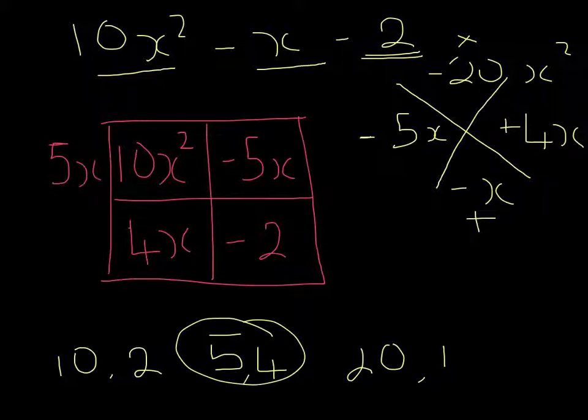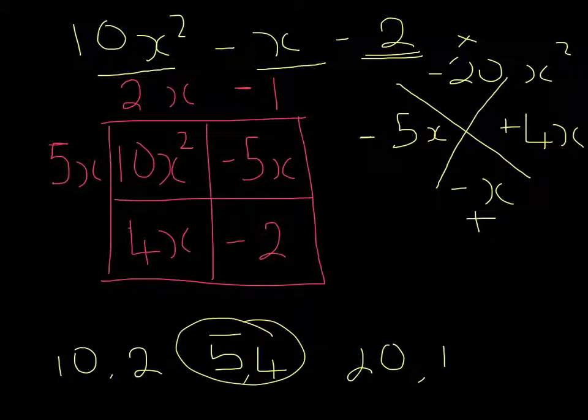So thinking ahead a little bit, if that is 5x, I'm going to be able to multiply it by something to get minus 5x. So if this is 5x, then this will need to be 2x, and that looks like it'll work nicely with 4x. 5x times minus 1 will give me minus 5x, so that works nicely. 5x times 2x gives me 10x squared, so that works nicely.